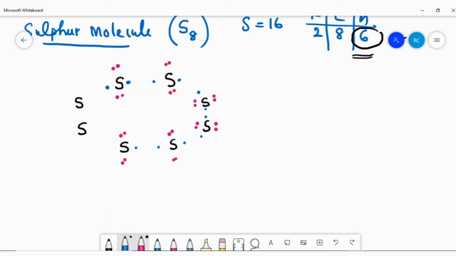Again, this is the bond pair electrons. Bond pair means it's coming for the sharing of electrons with other atoms. Now we have represented all the 6 electrons around the 8 sulfur atoms.